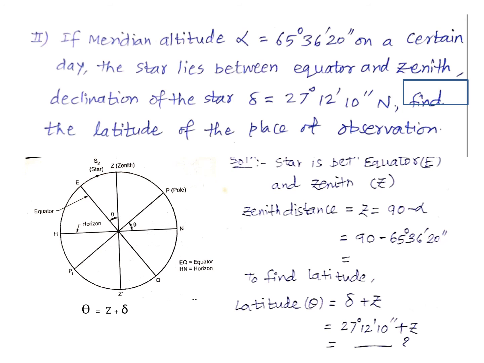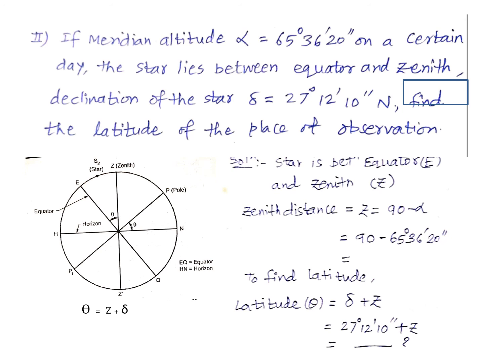In all four cases, you need to calculate the zenith distance, that is 90 minus alpha. Now what is the alpha value? 65 degrees 36 minutes and 20 seconds. This value will always be less than 90 degrees.